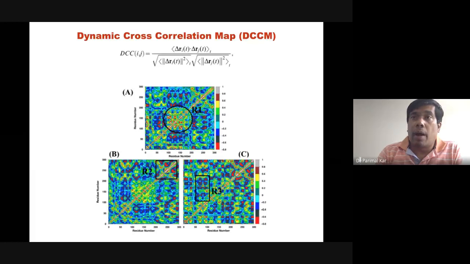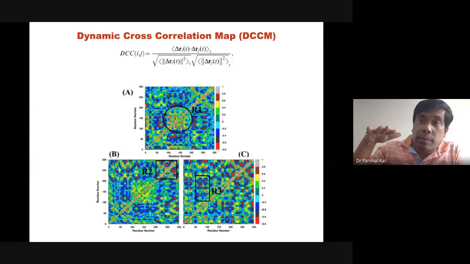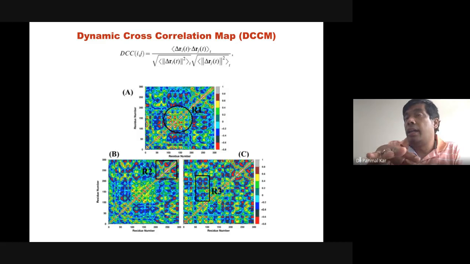So when the ligand binds, the amino acids in that region have concerted motions, and it is correlated motions that enhance the binding phenomenon. Now if you look at the R2 region in figure B and compare it with A or C, you can see that in B it is reddish, that is anti-correlated.